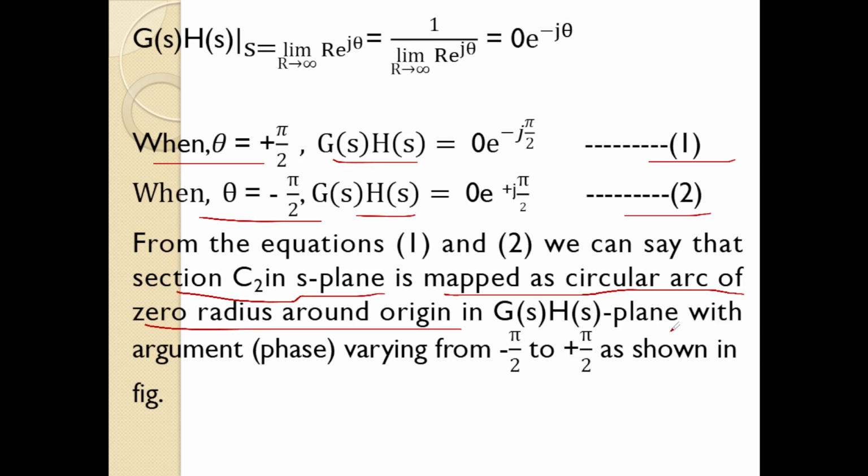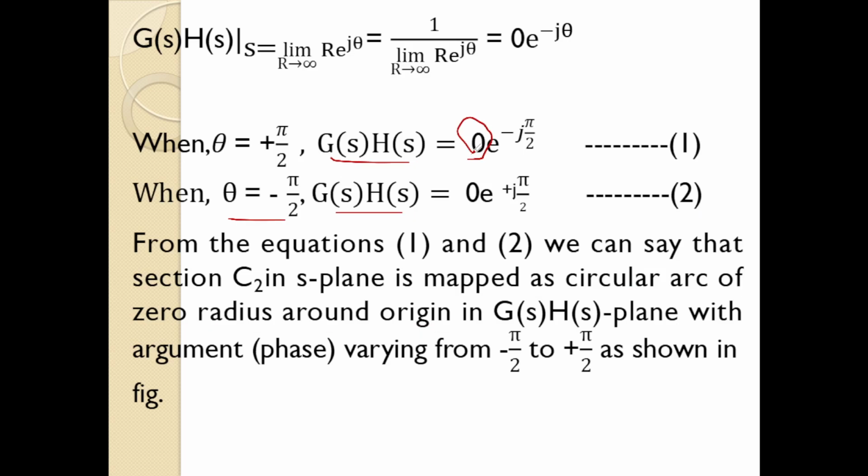Okay, so here what did you get? G of S, H of S is equal to 0 e power j pi by 2, and when theta equal to minus pi by 2, you have got G of S, H of S 0 e plus j pi by 2. So our contour will lie at the origin.